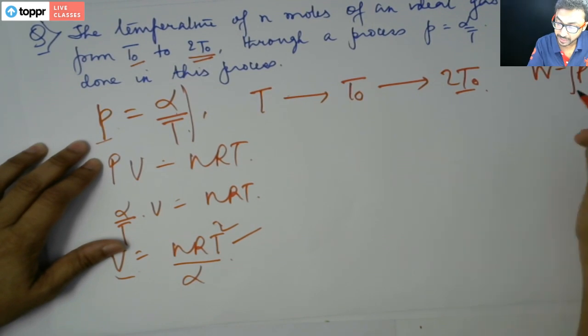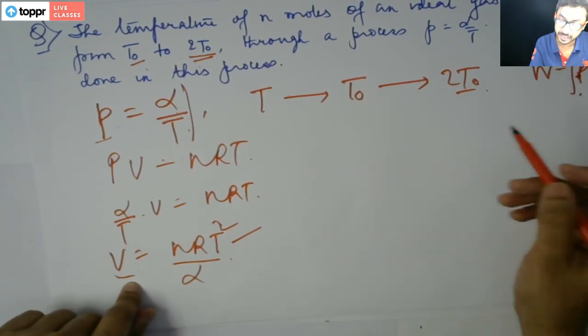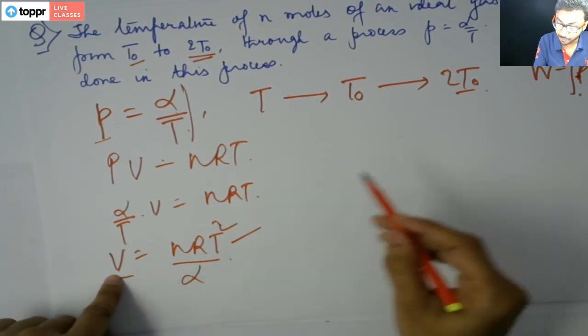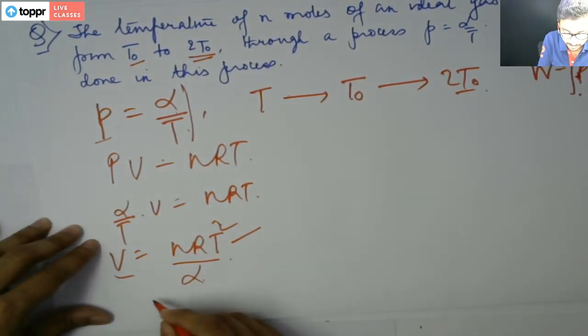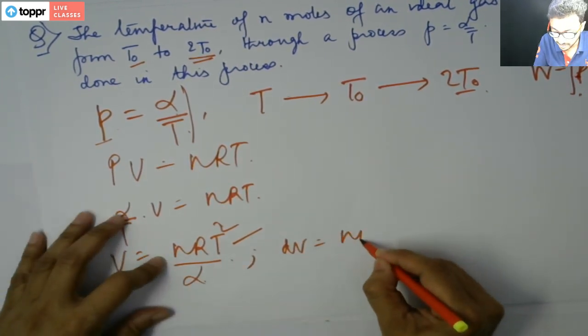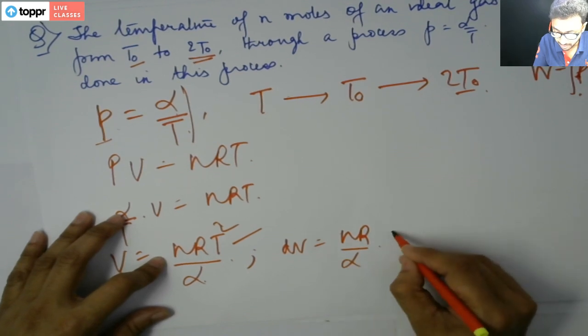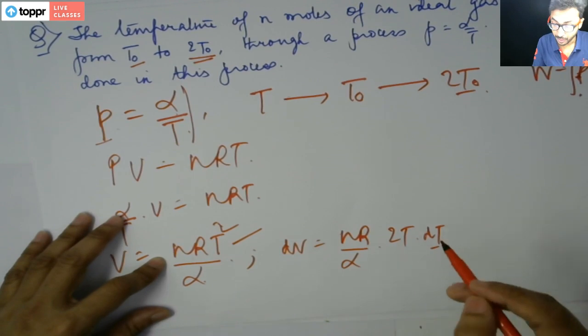So we can change everything to T, with limits T0 to 2T0. Now V equals nRT square by alpha; n, R, alpha are constants, so dV is nR by alpha, 2T dT.